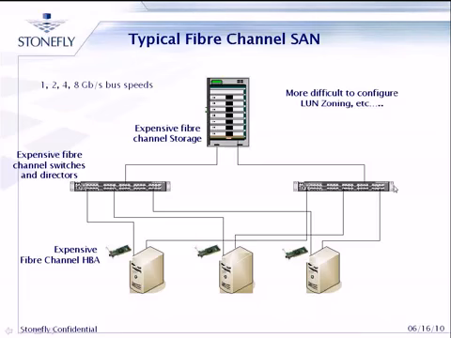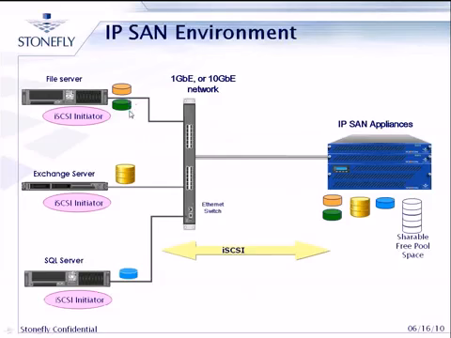LUN zoning doesn't exist in an iSCSI environment. That's another advantage, I would say, of iSCSI, which is a little easier to manage. The speed of Fibre Channel right now has gone up to 8 gigabit per second. It started from 1, but right now it's up to 8 gigabit.